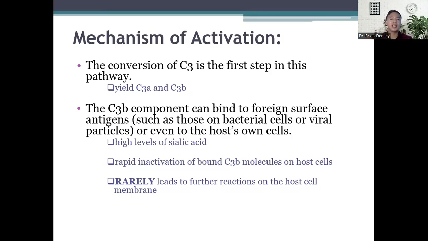And another reason is that once C3b is bound to our own cells, it becomes inactivated rapidly. That is due to the sialic acid, and I will discuss this later in detail, along with the different cell-bound or cell surface complement proteins which are found in our own cells, absent in the cells of the bacteria or virus.